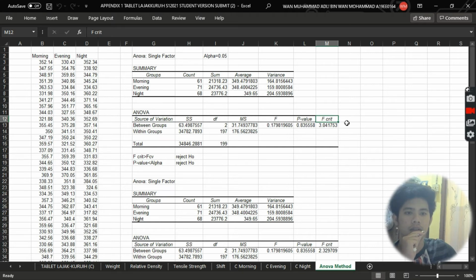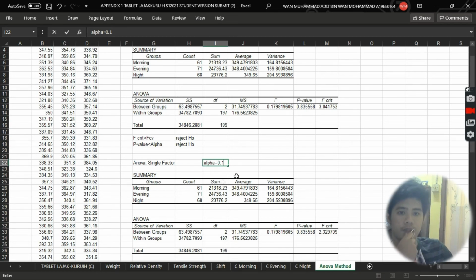If F critical is more than Fs, then we accept the null hypothesis. And also if the p-value is more than alpha, then the null hypothesis is accepted.